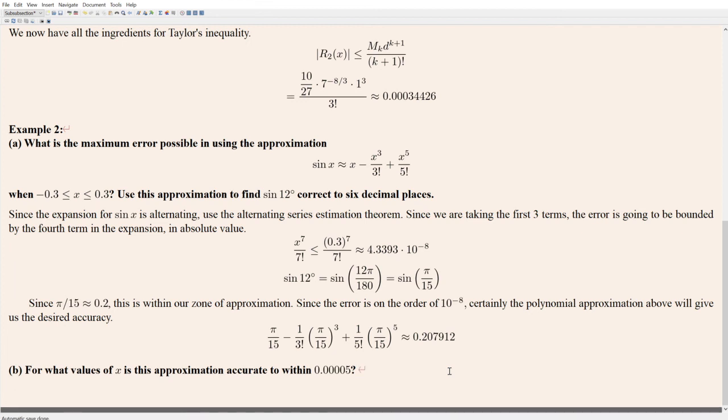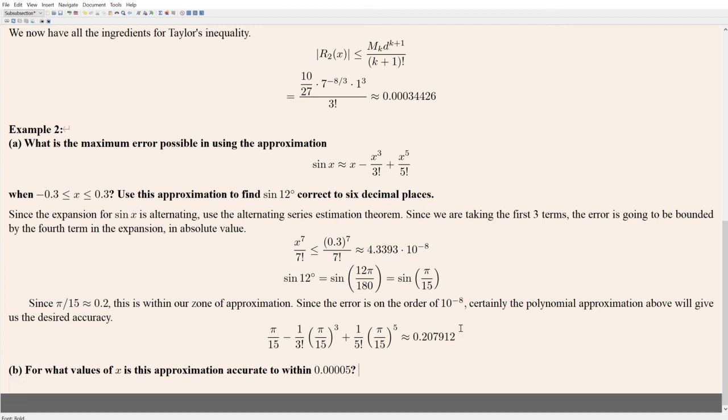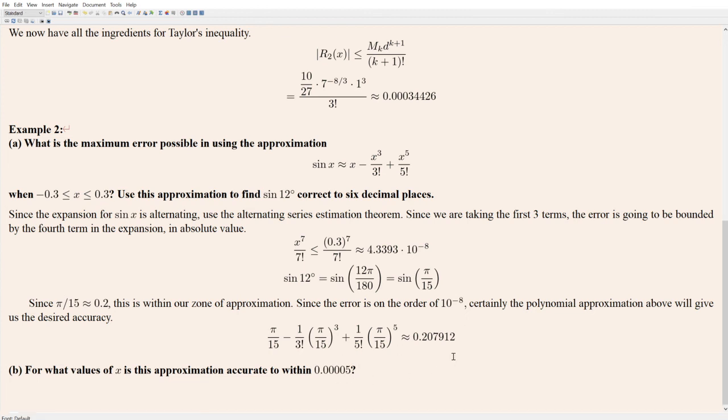So we already know that the error is going to be bounded by x to the 7 over 7 factorial. So basically, we just need to set that less than or equal to this, and then solve for x.